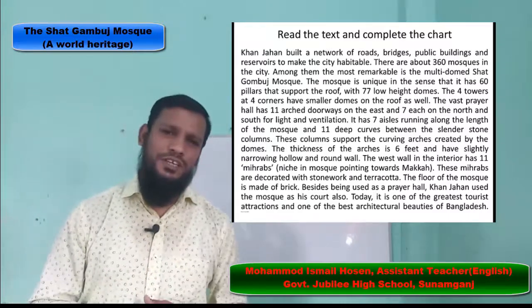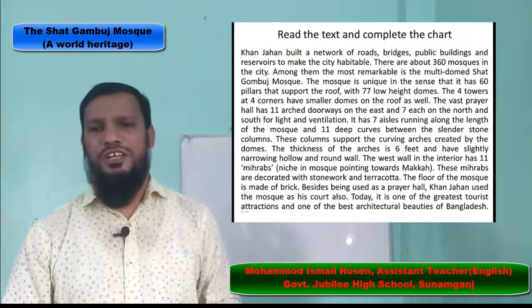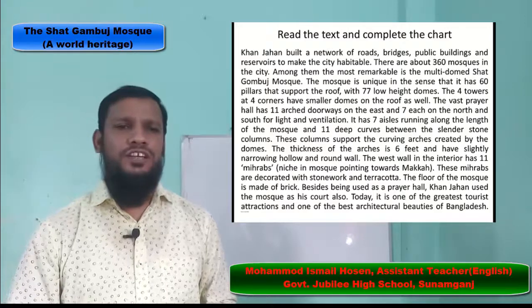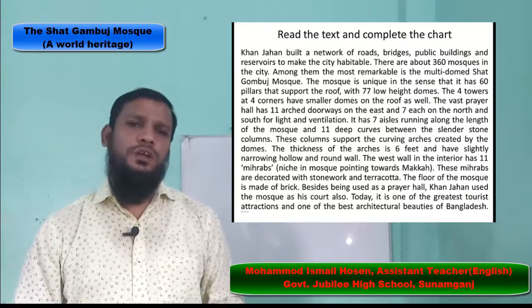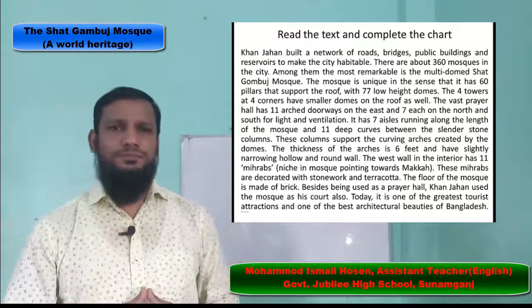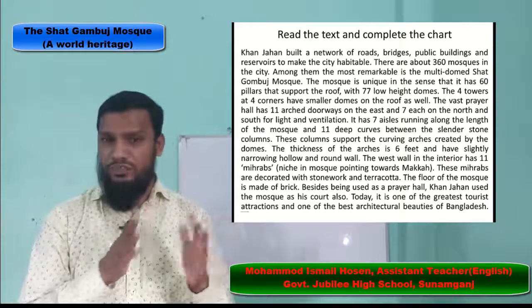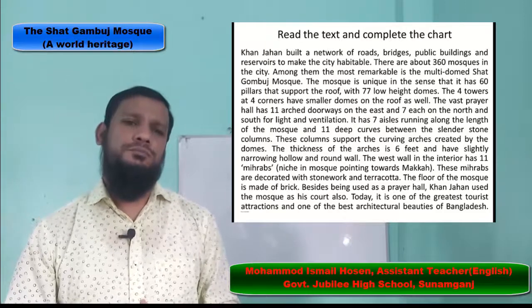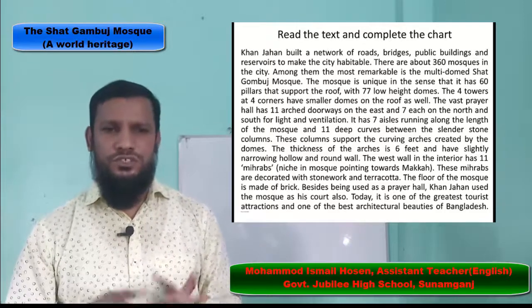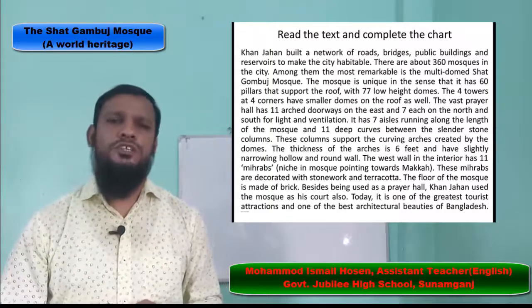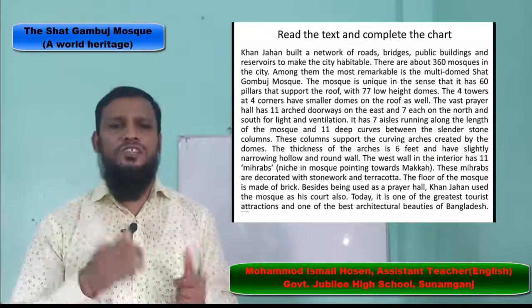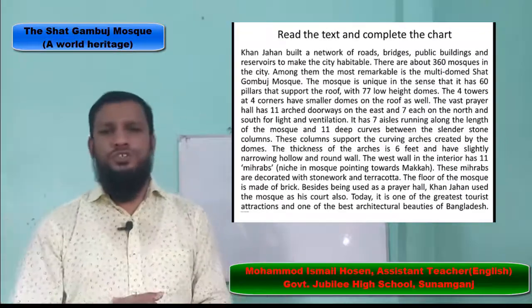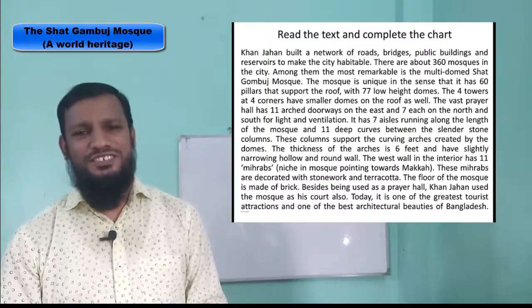The thickness of the arches is 6 feet and they have slightly narrowing hollow and round walls. The west wall in the interior has 11 mihrabs, niches in the mosque pointing towards Makkah. These mihrabs are decorated with stonework and terracottas.